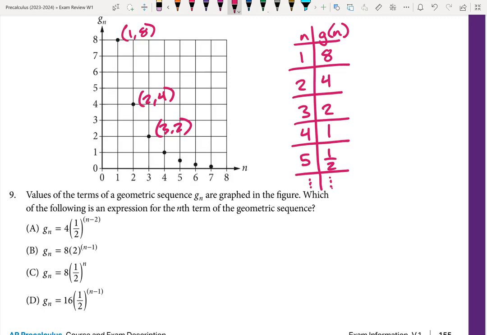I don't know if we remember, but geometric relates to exponential, whereas arithmetic relates to linear. All right, so any thoughts out there? Did anybody do something that helped you eliminate some choices?